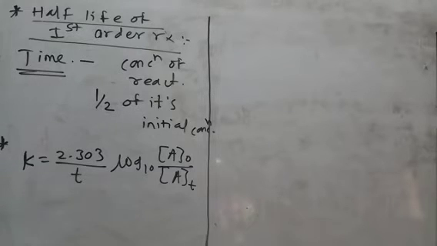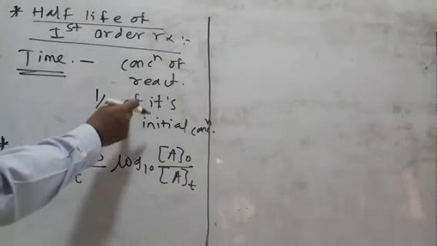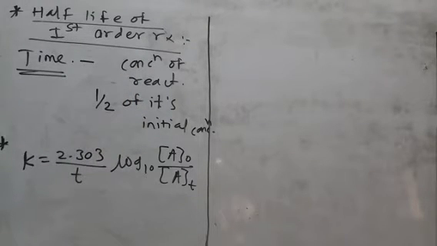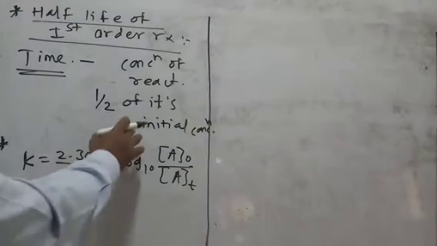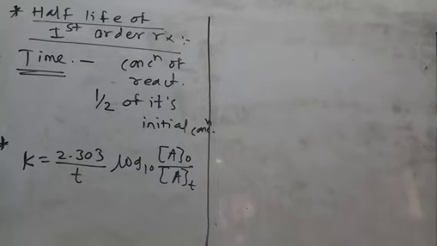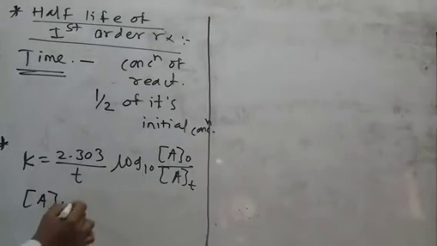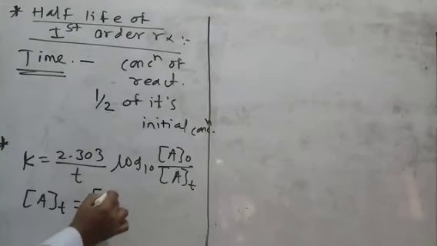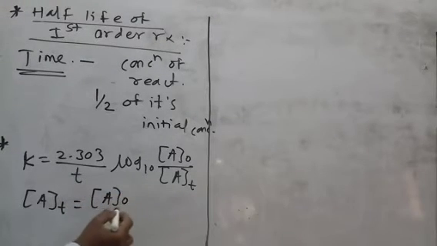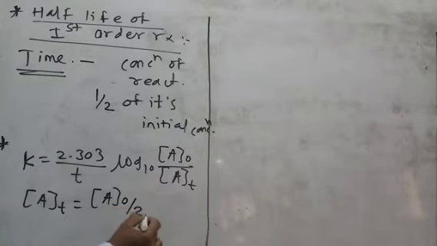As the reaction proceeds, the concentration of reactant falls down, or gets consumed. How much does it decrease? It decreases to 1/2 of its initial value or initial concentration. By considering that, the value of At becomes the initial concentration of A, that is A0 divided by 2.